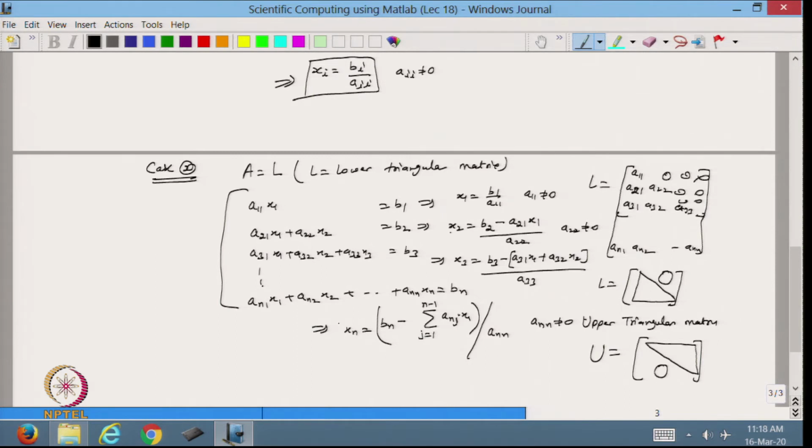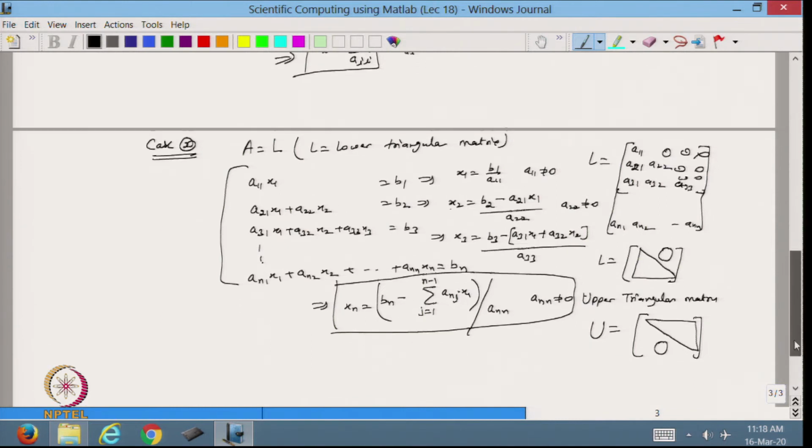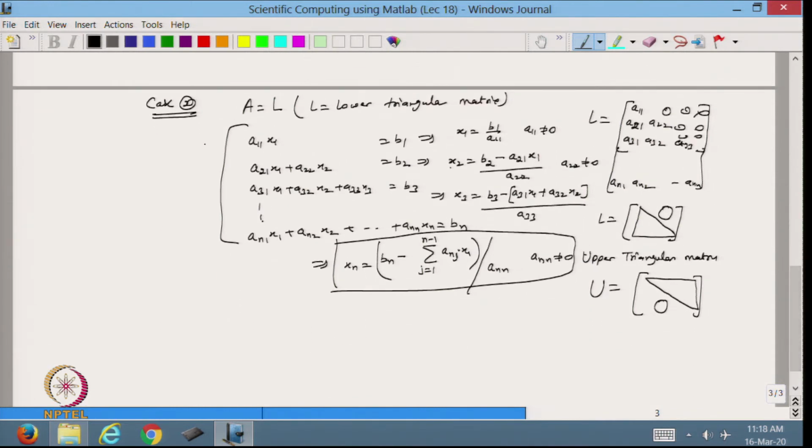So, from here I can find the value of my xn. Exactly. So, I can see that I am finding my solution in this direction. So, this is called the forward substitution.